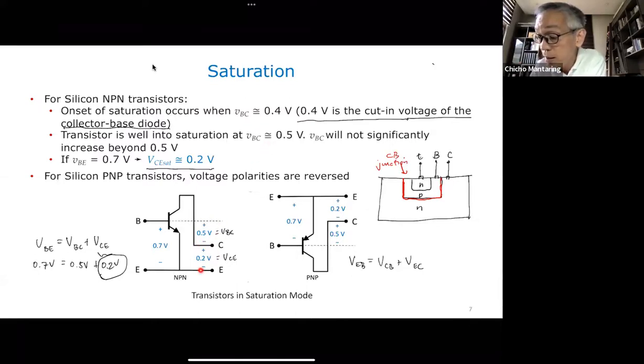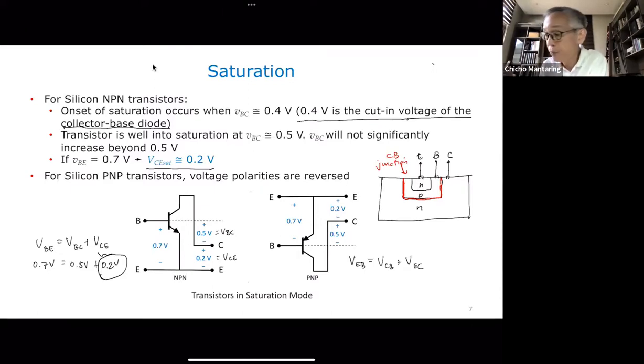So this also will not change from 0.2. This will not change significantly from 0.2 under these conditions. Okay. What if I apply VBE greater than 0.7? Or what if I apply VBC greater than 0.5?